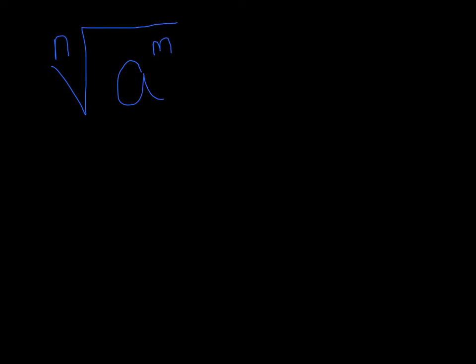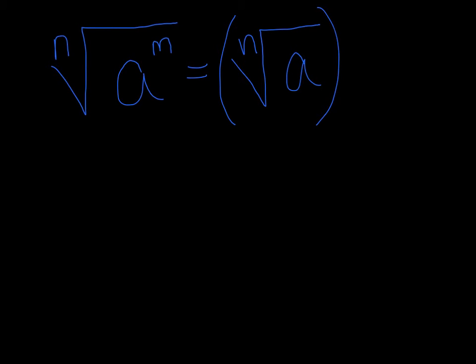And our base is also called the radicand. This can also be rewritten as a radical symbol with our index, our radicand, all being raised to exponent of m, which written in fractional exponent form is a, which is our base, to the power of m divided by n.